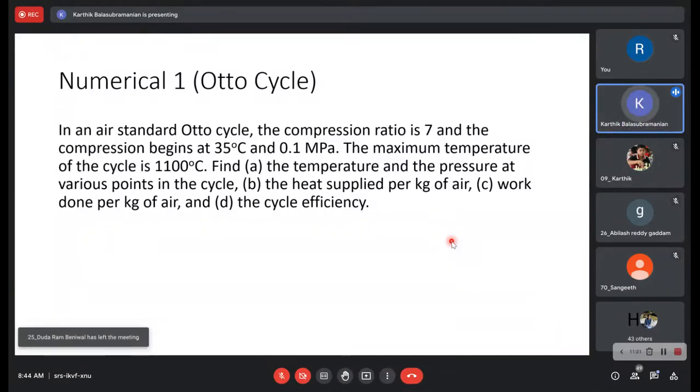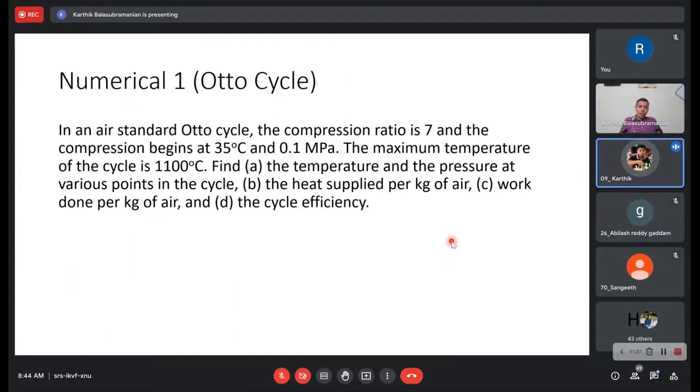Did you study Otto cycle and diesel cycle in thermodynamics or in prime movers? In thermodynamics we have studied, as well as in PMS. Okay, so probably you can solve and tell me.